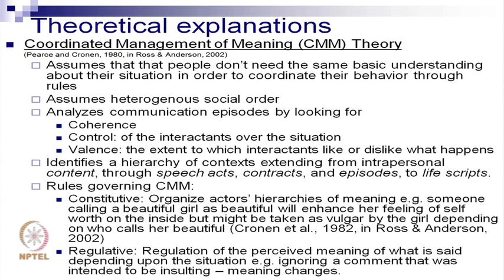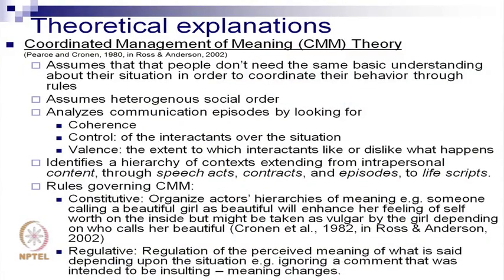So we accept that people are different and have different perceptions, and despite these different perceptions, they will follow the same rules. That is the first assumption. The second assumption is that we live in a heterogeneous social order. This is related to this.